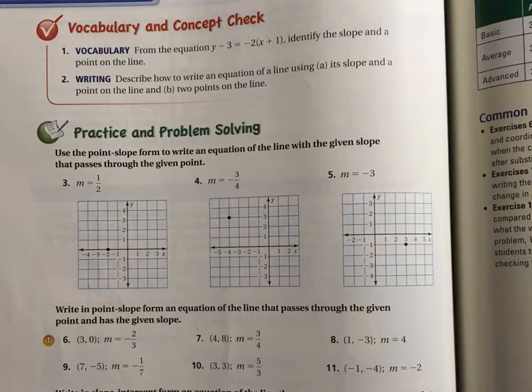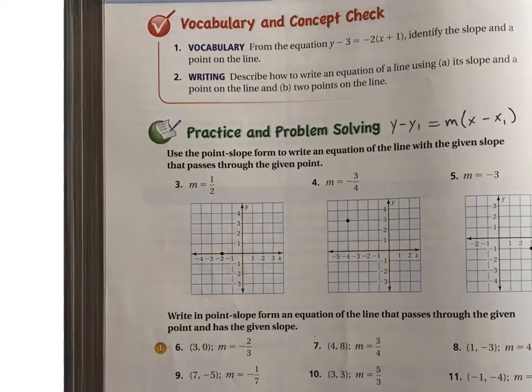If we go back to the beginning, remember point slope form is, I believe it goes like this: y minus y1 equals m, x minus x1. I'm just going to go back and check real quick. All right, here we go.